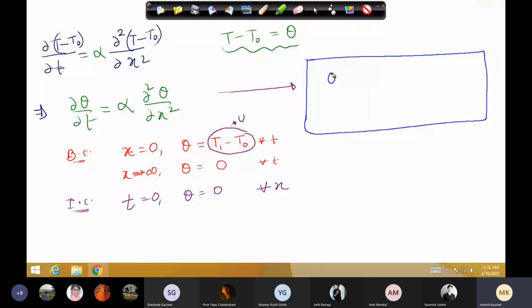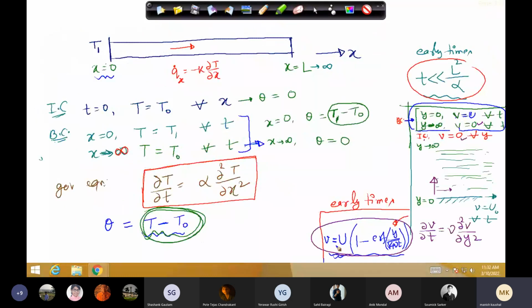Theta is equal to, can anyone tell me, in the place of u, what we will write? Now this you should tell. In place of u, anyone? See, this u is the value of that physical quantity at x equal to, here at y equal to 0.